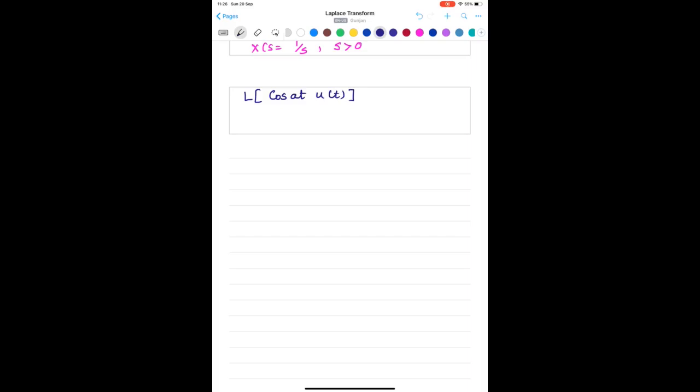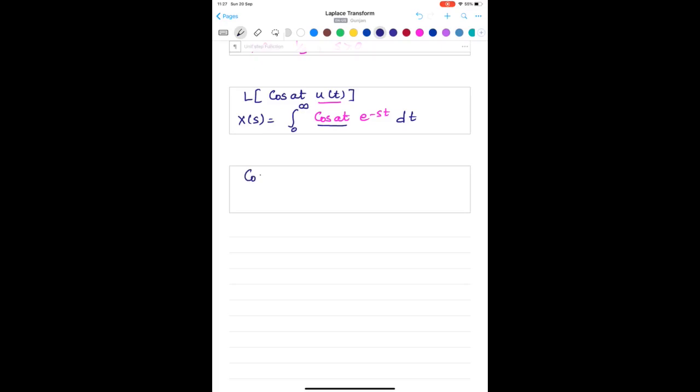If you are finding this, then x of s will be equal to the integral from 0 to infinity, where the 0 to infinity comes from u of t, and then cos at e raised to the power minus st dt. Now if you apply the normal integration here, then the answer will be very long. So you need to use the identities with respect to cos at.